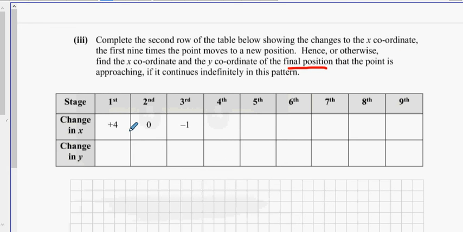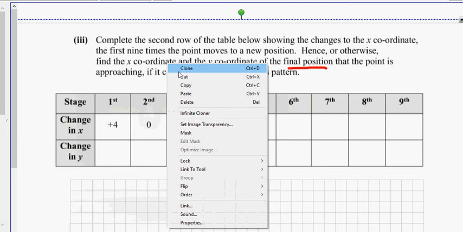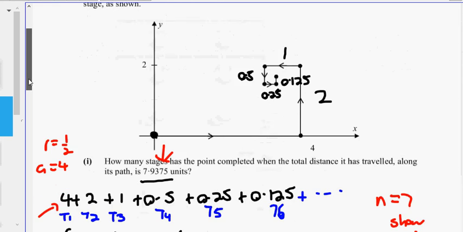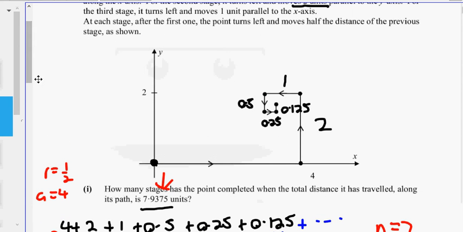Okay. So we might need our original diagram for this, so I'm just going to copy and paste this, go back up here. Let's have a look at this.